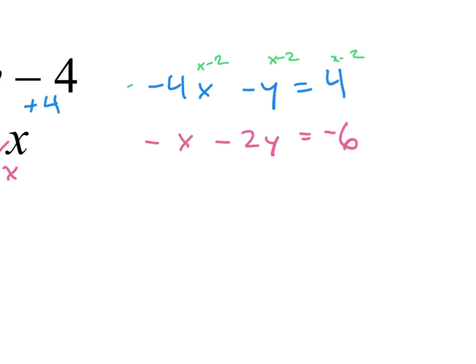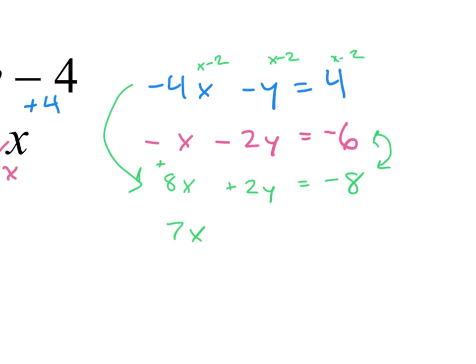So our top equation, which I'm going to write down here, becomes 8x. -2 times -y would be a positive 2y. And then -2 times 4 is -8. So now I'm going to combine these two equations here. So I have negative x plus 8x, which would be 7x.